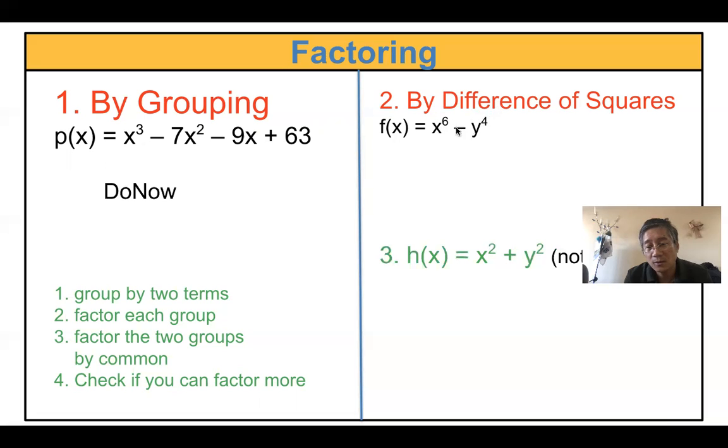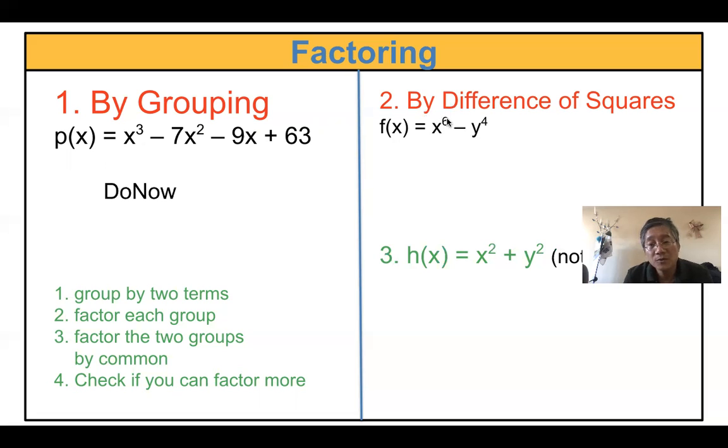Are they squares? What square is x to the 6th power? Let's say a squared is x to the 6th power, and b squared is y to the 4th. So that we can see the a squared minus b squared form, a minus b, a plus b, right?